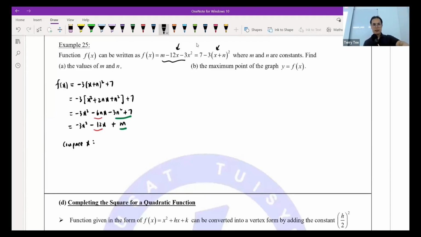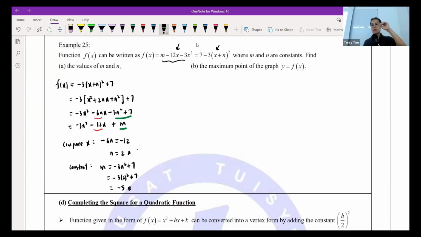The number in front of x is negative 6n, and this is negative 12, so n is 2. If you want to find the value of m, compare your constant. My constant m is negative 3n squared plus 7. So put 2 inside: minus 3 times 4, 12, minus 12 plus 7, m is minus 5. So you got your m and you got your n.